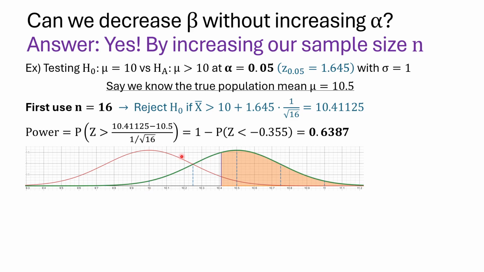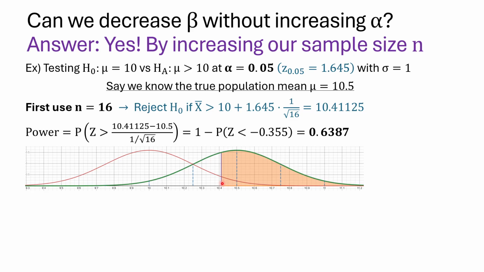We'll go up a few standard errors. We'll go up exactly 1.645 of them, and that will make our rejection region cutoff of 10.41125. So if we ended up with a sample mean larger than that, that would be 5% of the time under the null hypothesis that the mean is 10.